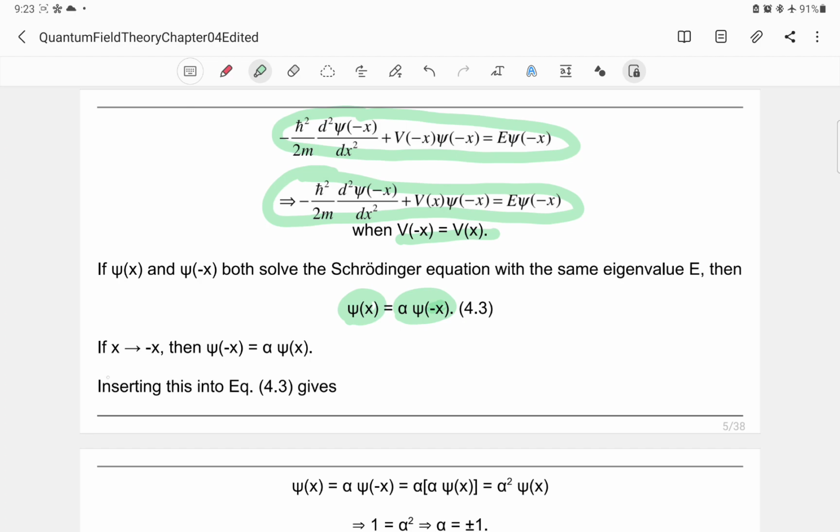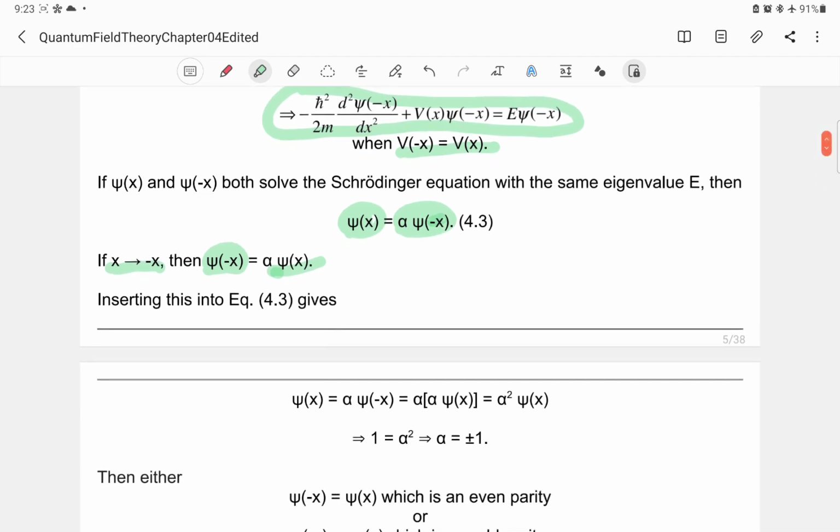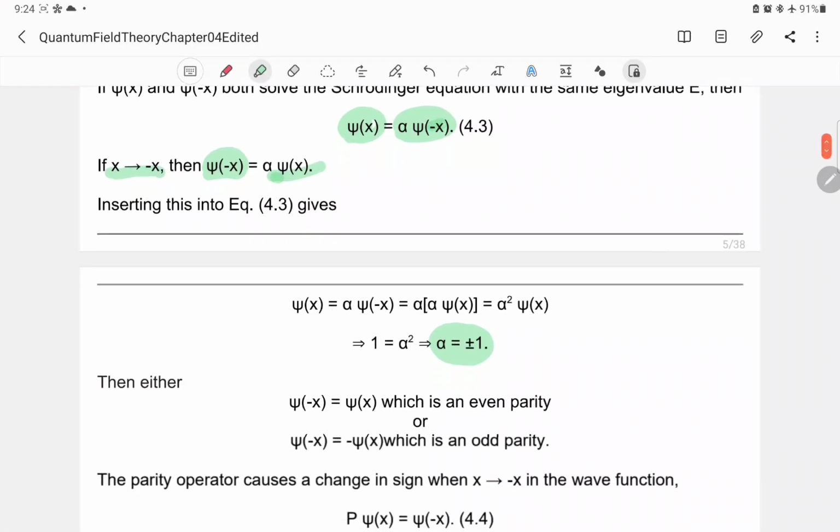If you transform x to negative x, then your wave function of negative x would also be alpha times your original wave function. If you do that, you get the eigenvalue alpha, which is equal to 1 or negative 1.